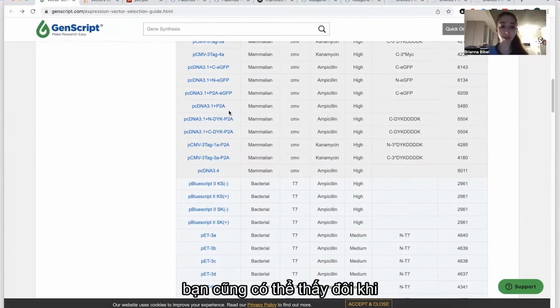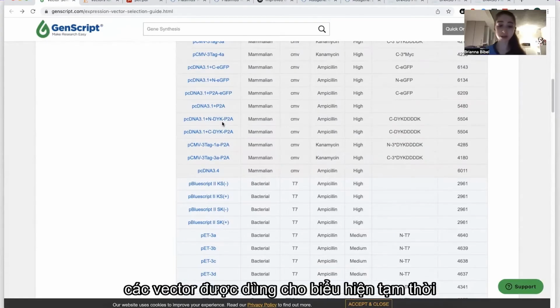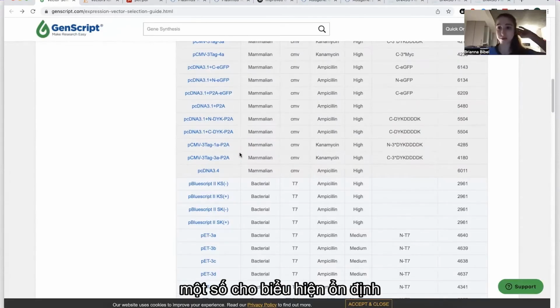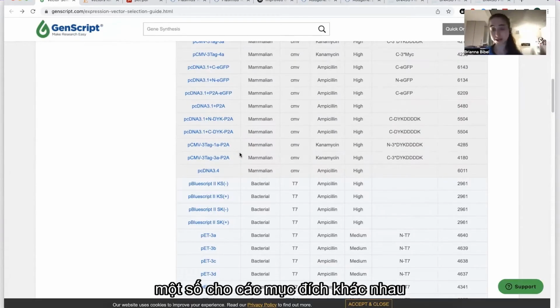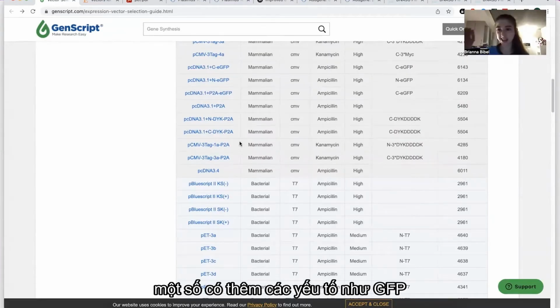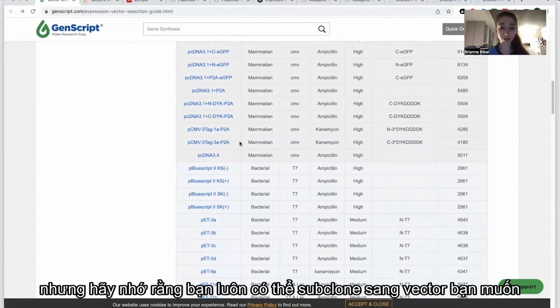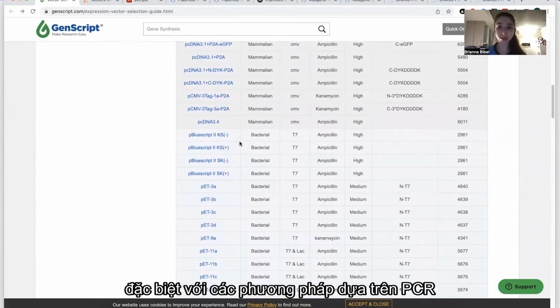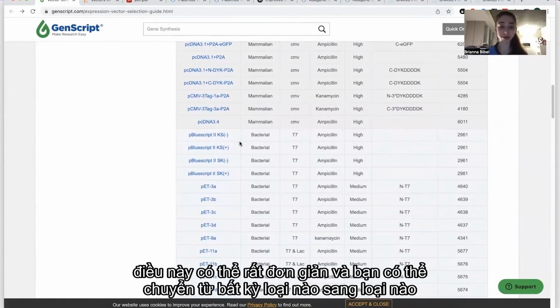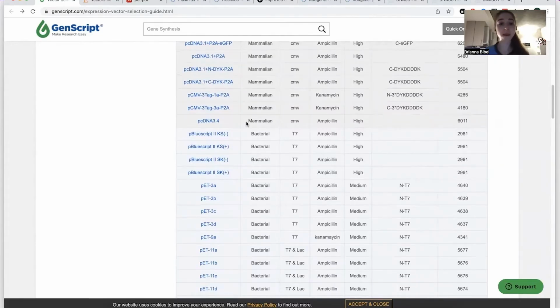You might also see that some of the vectors are for transient expression, some are for permanent expression, some are for various things, some have things added on like GFP. But remember, you can always subclone out and into whatever you want. Especially with PCR-based methods, this can be very simple, and you can do it from anything to anything.